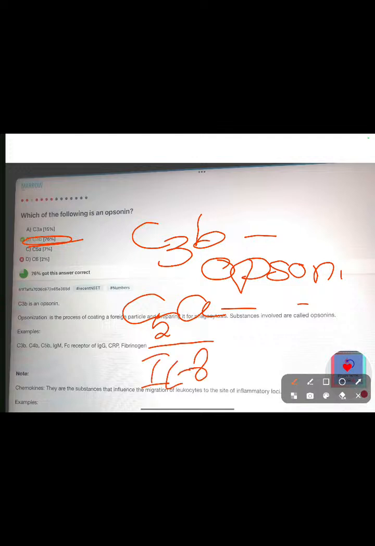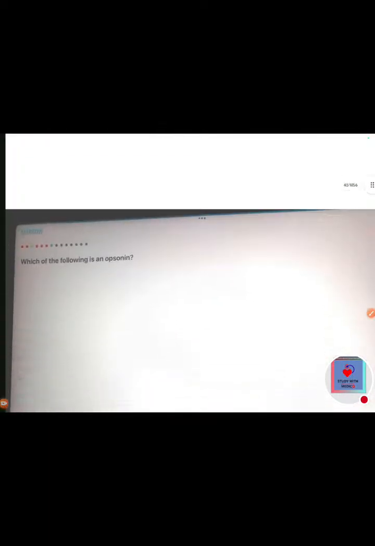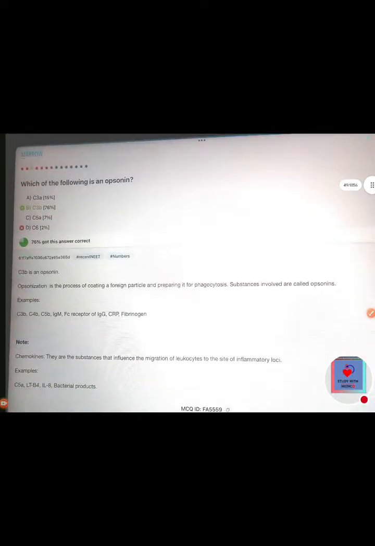Interleukin 8. And the arachidonic acid metabolite is leukotriene B4, not 8, B4. So interleukin 8, leukotriene B4, and C5a are the chemoattractants.